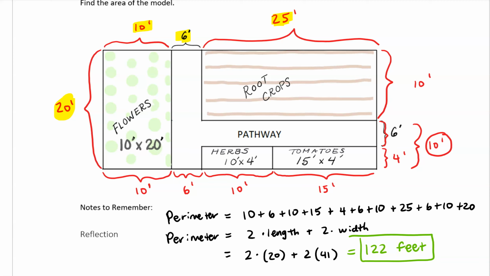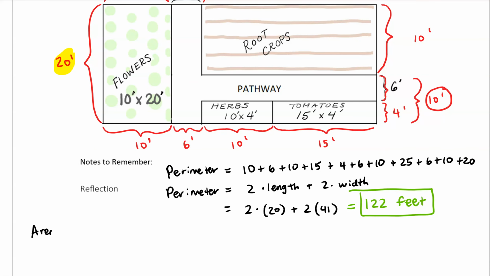Let's talk about the area. So the area of a rectangle is equal to the length times the width. And we know that the length is 20 feet. And we know that the width is 41 feet. So if we multiply 20 times 41, that will give us 820.